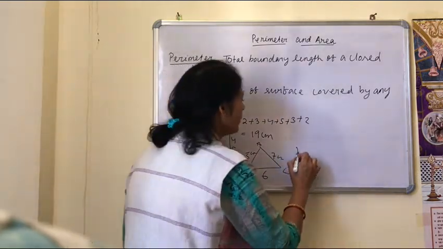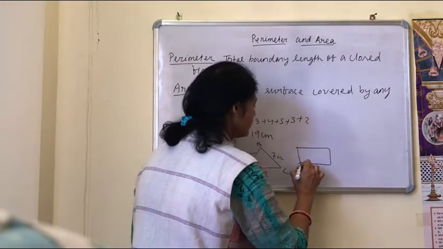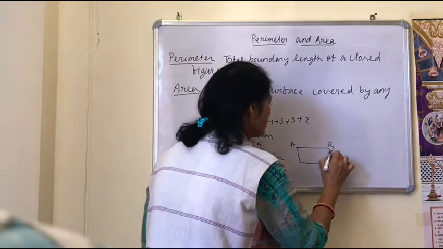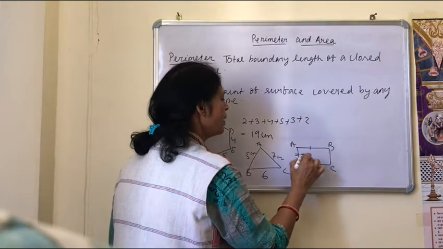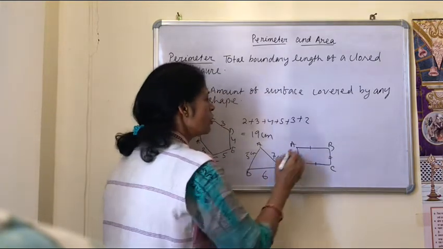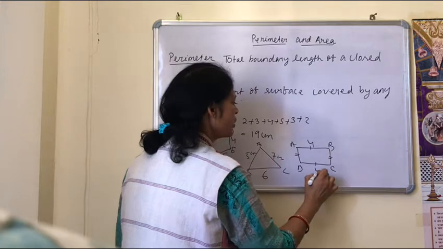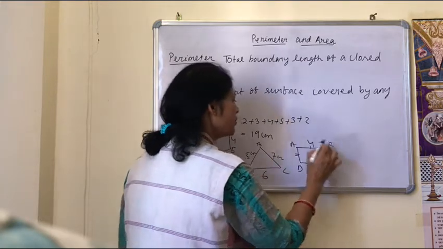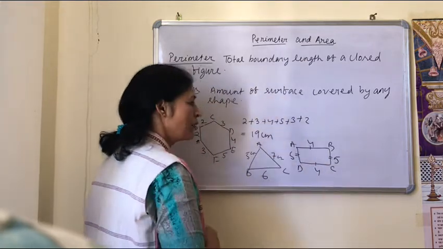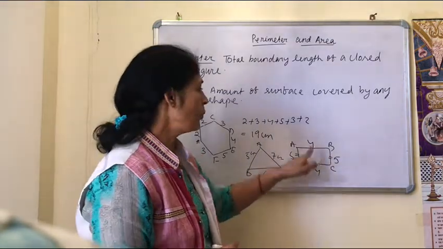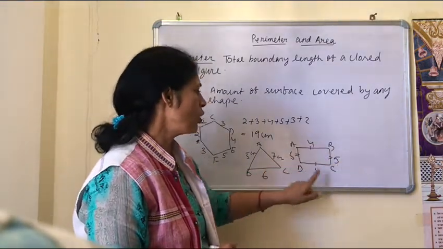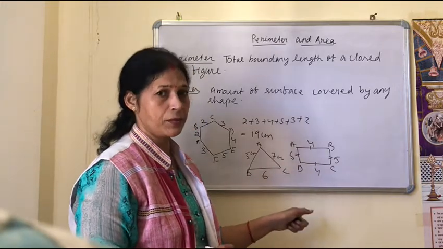So in case of a rectangle, you know that opposite sides are equal. Clear? So suppose this is 4 centimeter, this one also 4, this is 5 centimeter, this one also 5. So what is the perimeter of this rectangle? 4 plus 5, 4 plus 5, that means 18 centimeter.